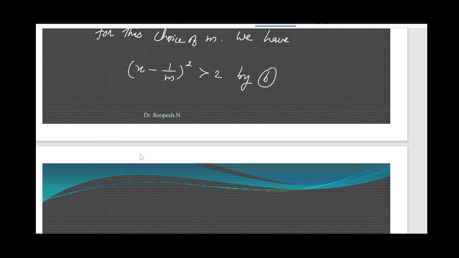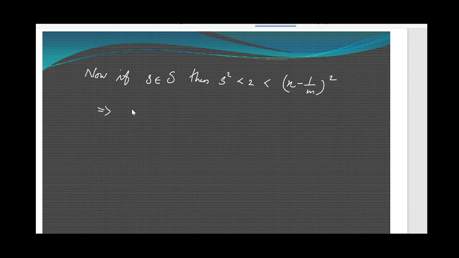Now if an s belongs to capital S, then what you're having is s square is less than 2 and this value is less than (x minus 1 by m) square, which implies your s value is less than x minus 1 by m.